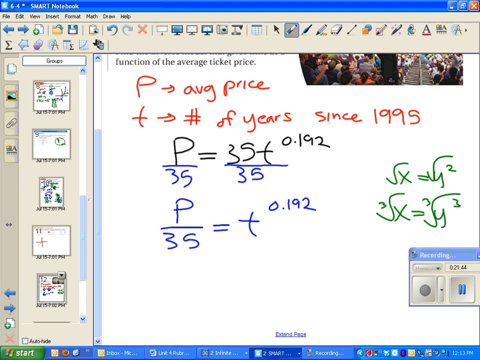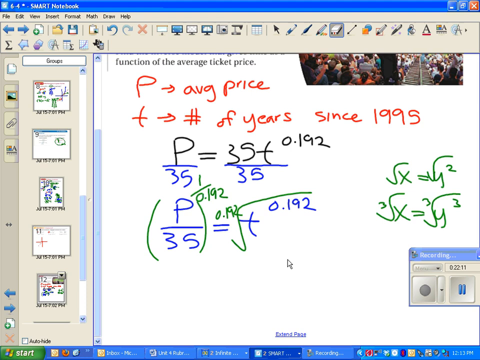Okay, so this is very similar, just a little different. So in order to get rid of the 0.192 power, we are going to take the 0.192 root of that, which basically means we are going to raise this to the 1 over 0.192 power.